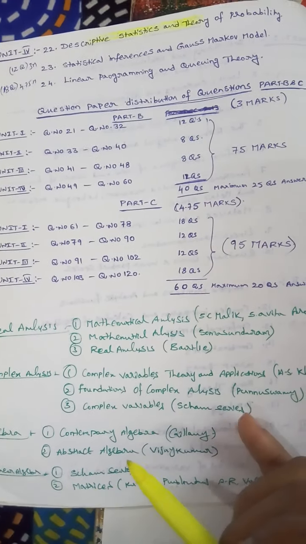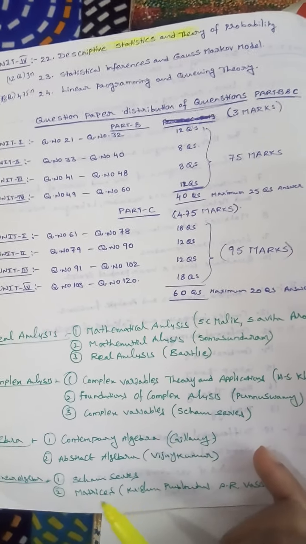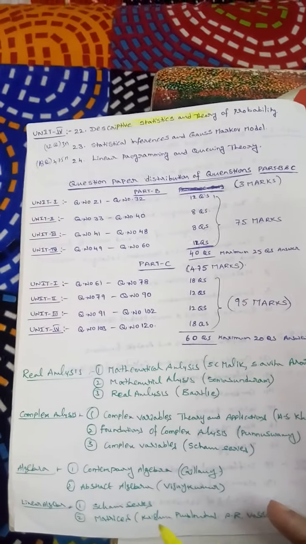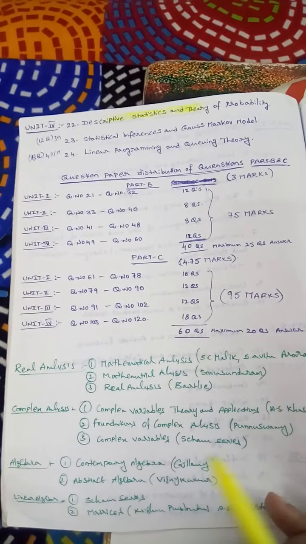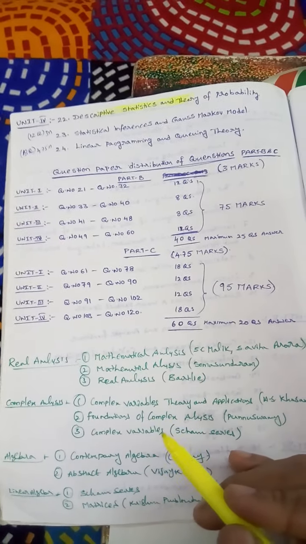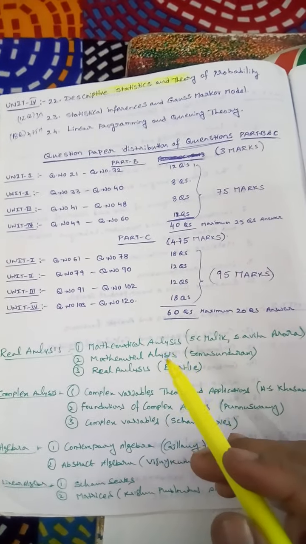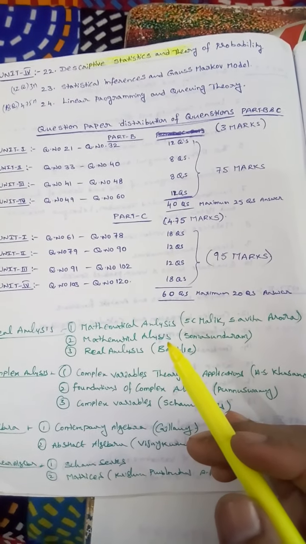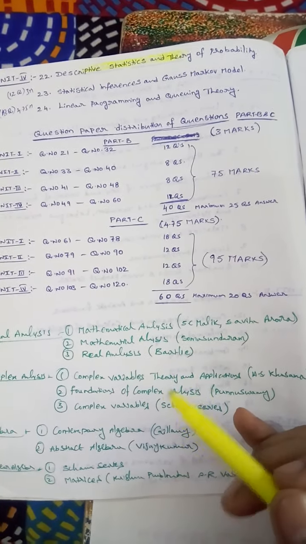And coming to linear algebra, the first book is Shyam Series, and the second is Matrices by Krishna Publications. These are all important books which will be very useful for the CSIR NET exam, mathematical science.